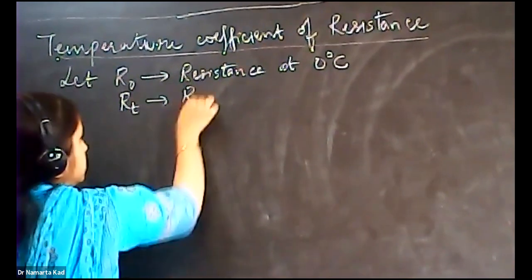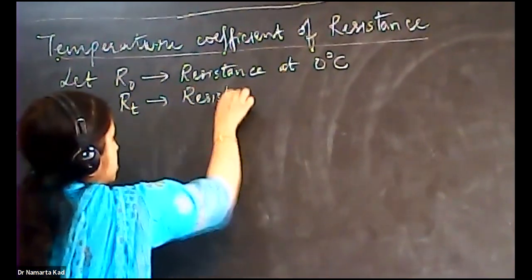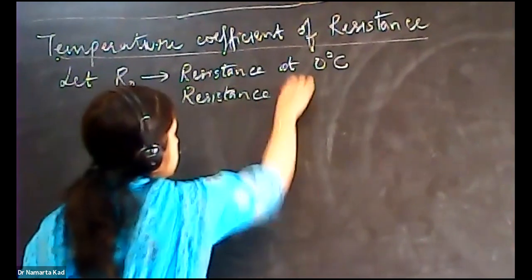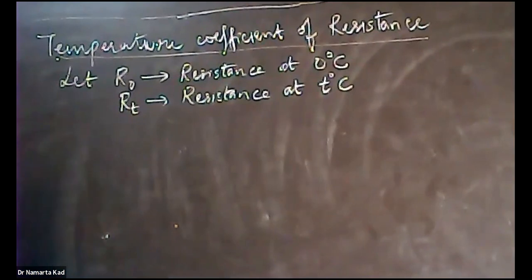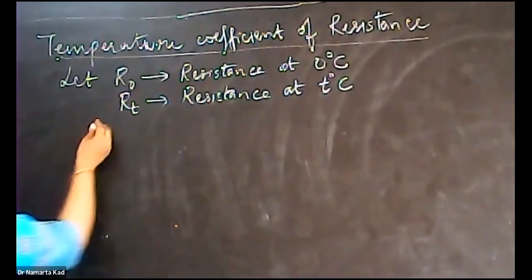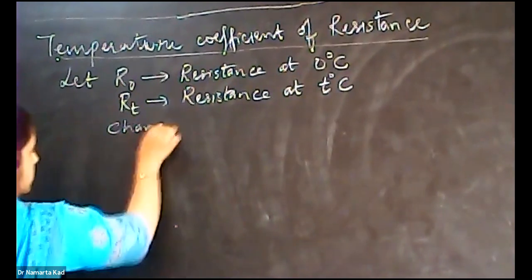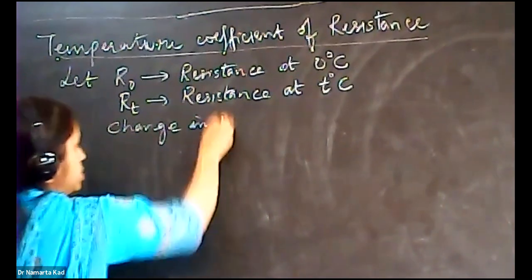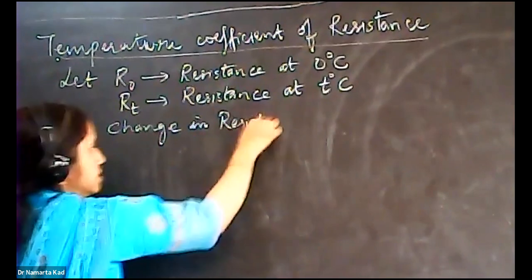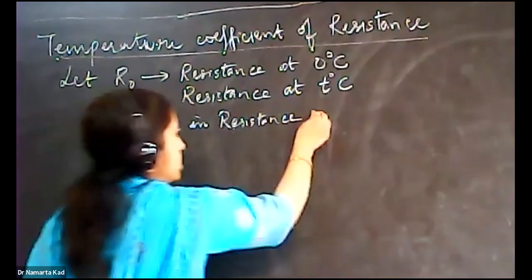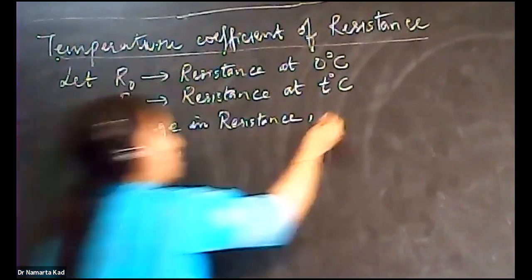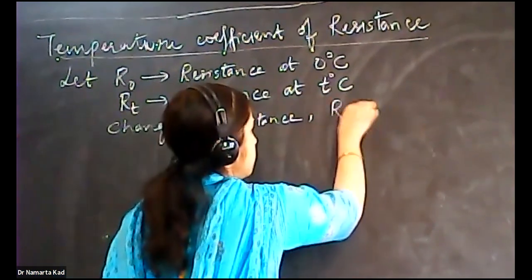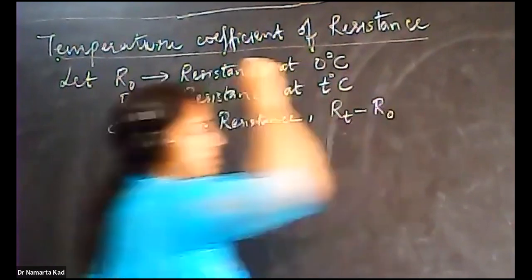RT is the resistance of same material at T degrees. Resistance at T degree C. Then the change in resistance is given by, what is the change in resistance? It comes out to be RT minus R naught.